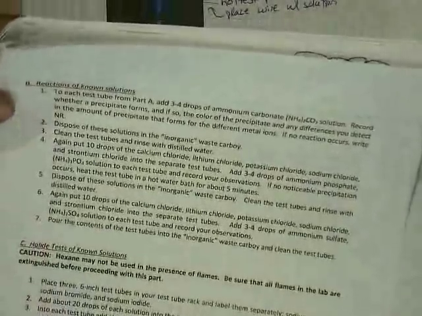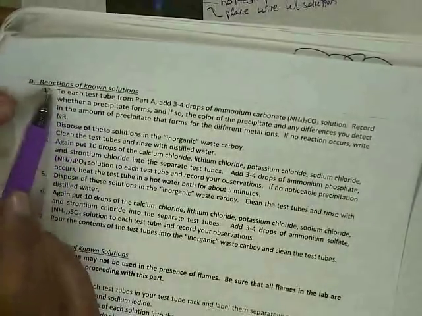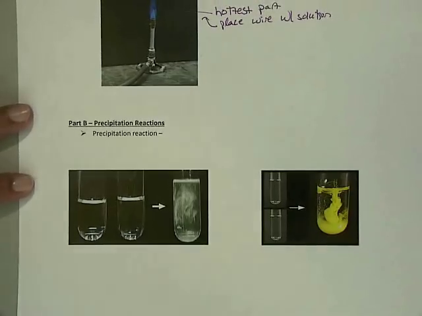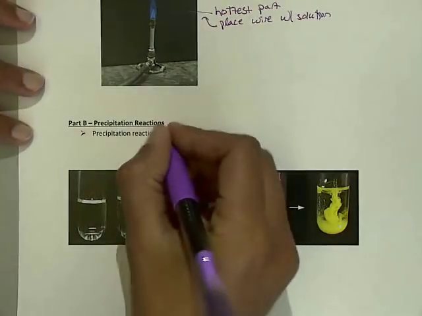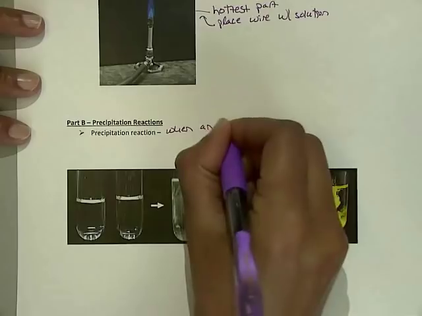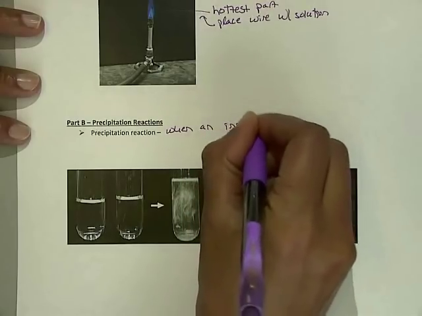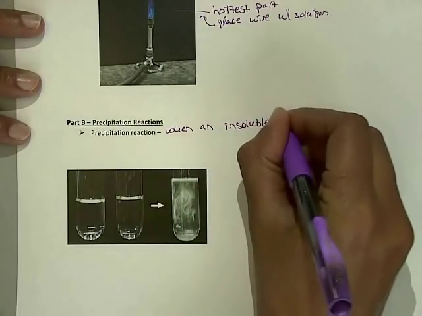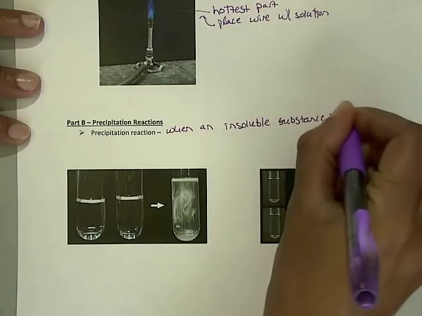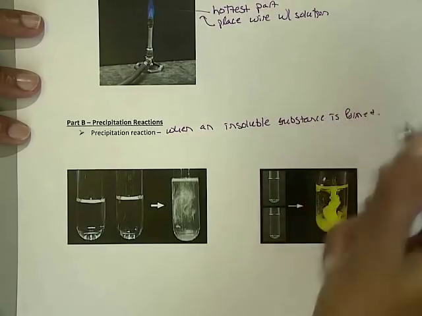Part B, you're performing reactions of known solutions using 3 other different reagents. So what we're really looking for in part B here is what we call a precipitation reaction. Precipitation reactions are defined as when an insoluble substance is formed upon a chemical reaction.